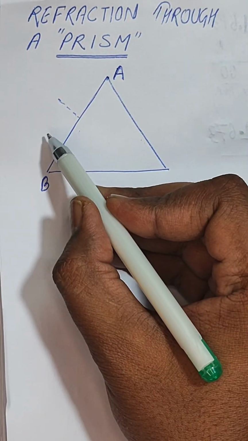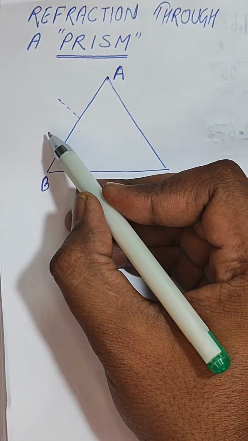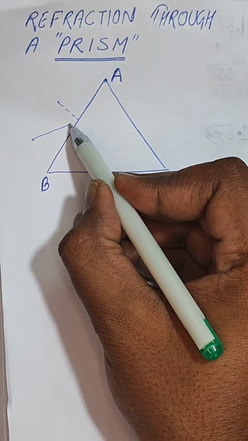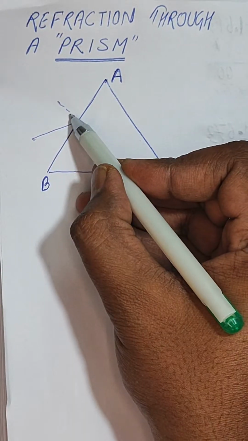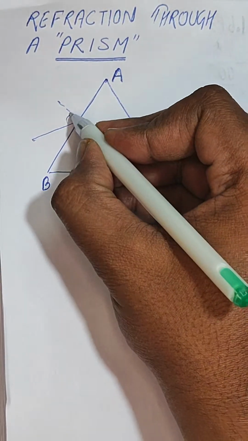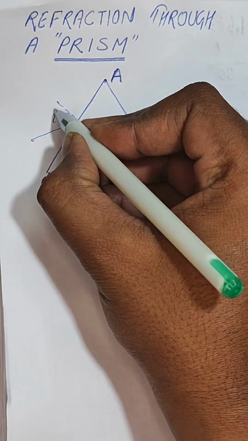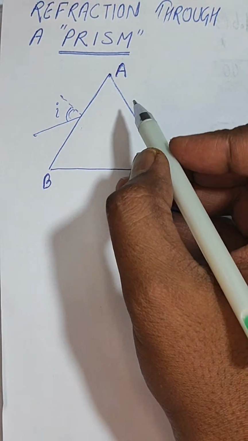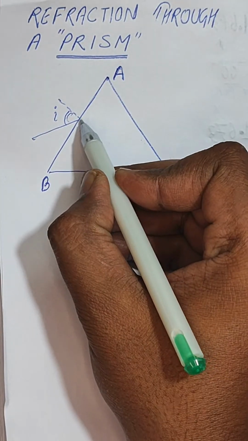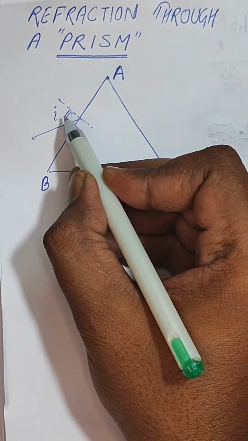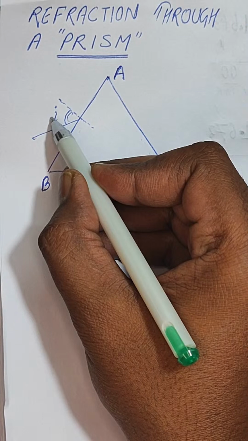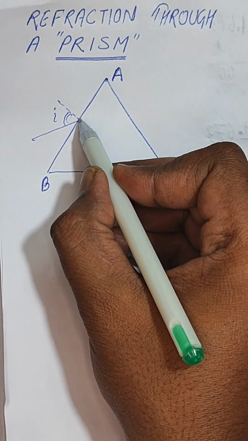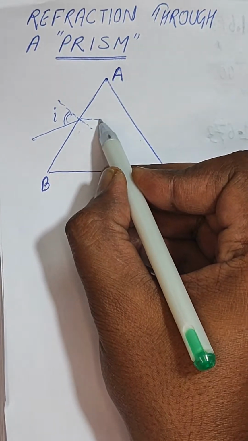If this is the incident ray, this is the angle of incidence. The light goes from rarer medium to denser medium, and it turns towards the normal like this.